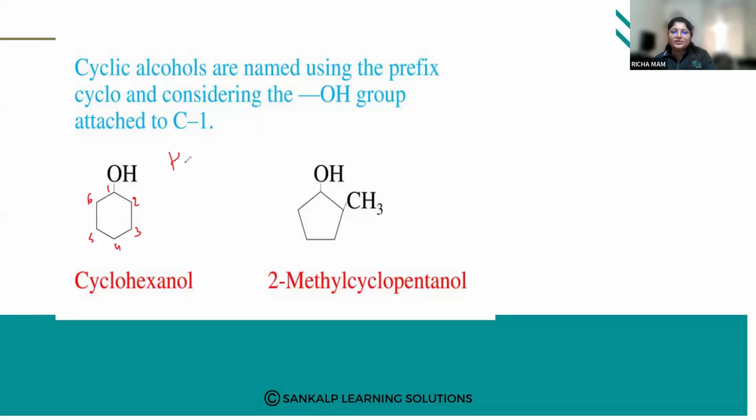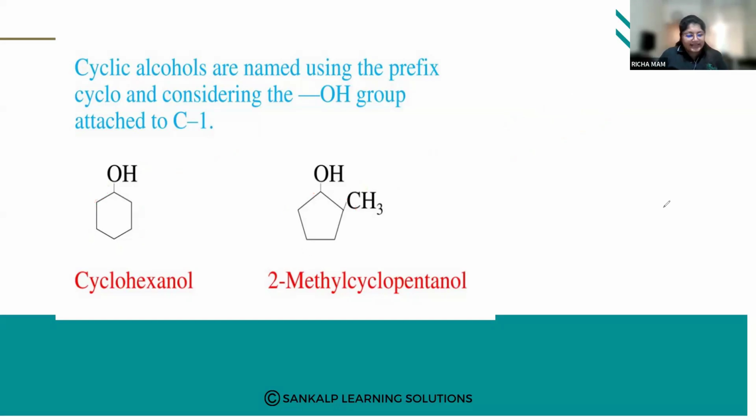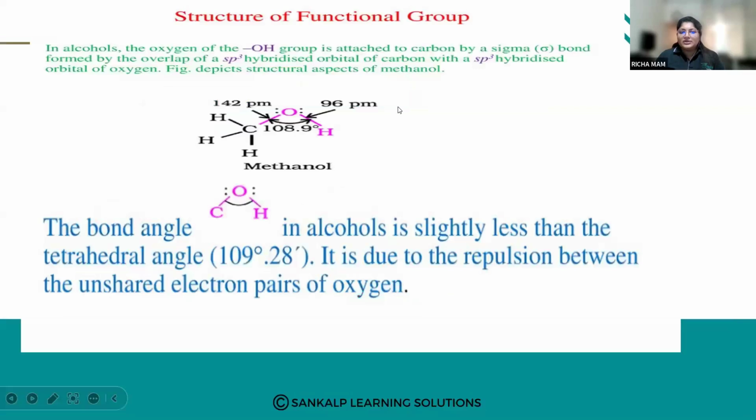With cyclo, it is hexane, the E is replaced by OL, and there is a cyclic ring, so we name it cyclohexanol. Then again 1, 2, 3, 4 and 5. The substituent is methyl, so 2-methylcyclopentanol. This is the nomenclature. I hope this is clear. Moving further.